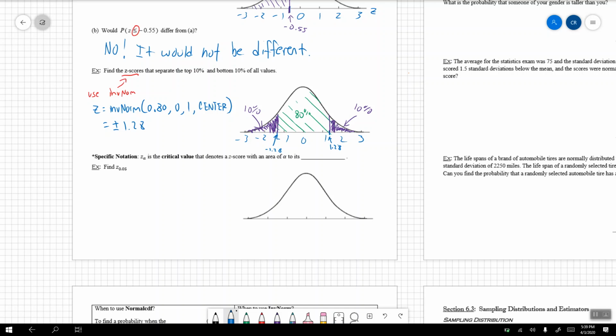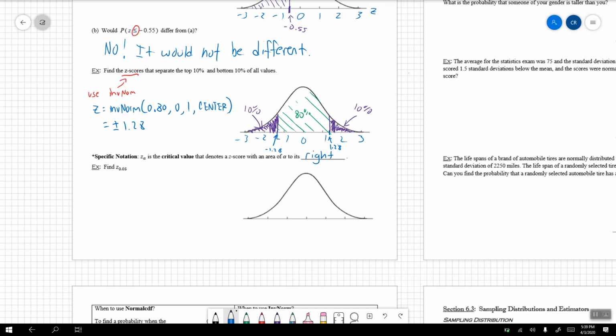Now, this is going to be very important: the specific notation that we use, z sub alpha, is a critical value that denotes a z-score with an area of alpha to its right.